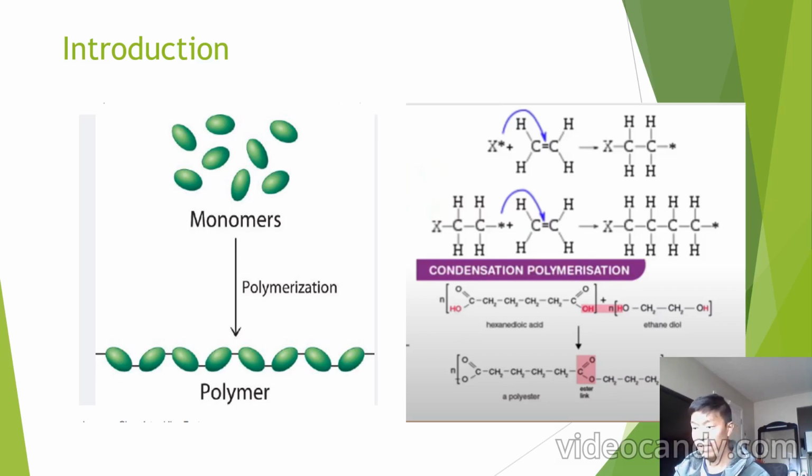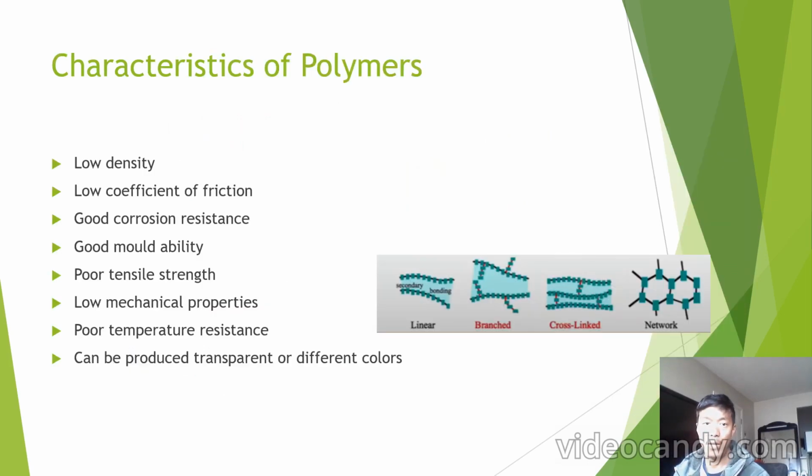Polymers have endless applications in the real world, such as synthetic fibers like nylon, which are used to make many materials, including clothing. Some characteristics of polymers: low density, a low coefficient of friction, good corrosion resistance, good moldability, poor tensile strength, low mechanical properties, poor temperature resistance, and they can also be produced transparent or in different colors.